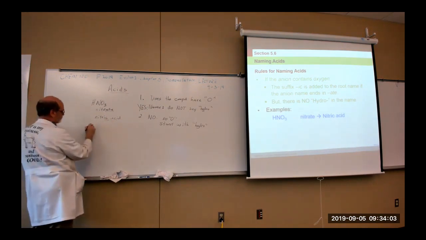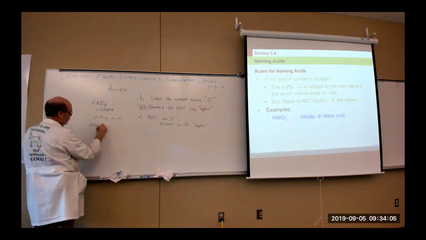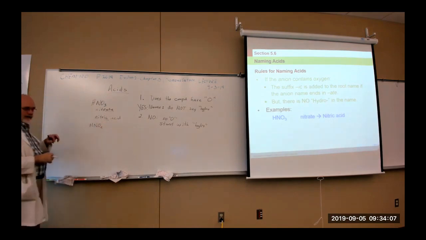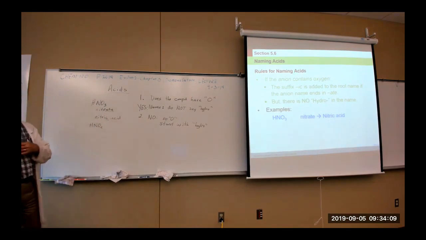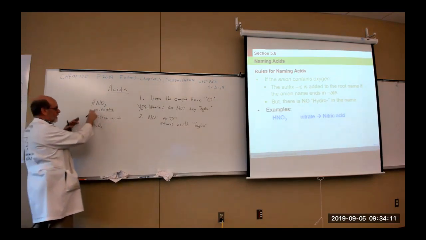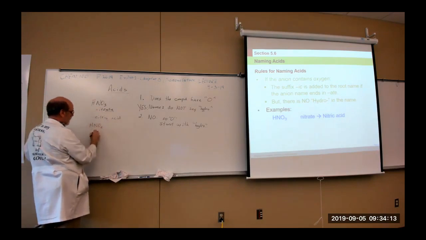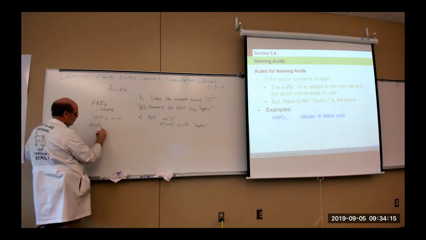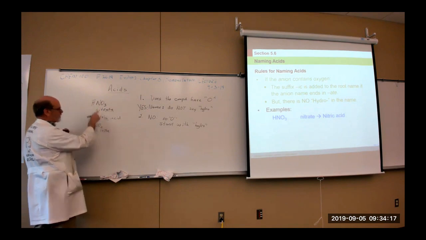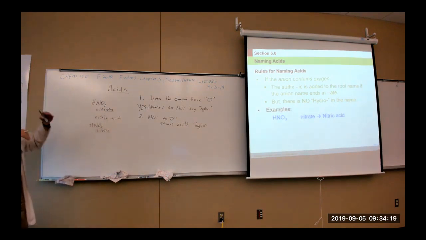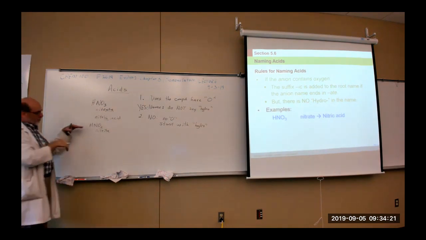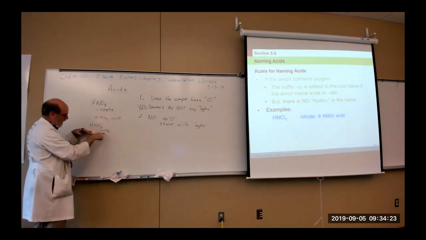How about this one? HNO2. If you look in your chart, you'll find that NO2 is not nitrate, it's actually nitrite. Remember when we took away an oxygen, we went from ate to ite. So this is nitrite.